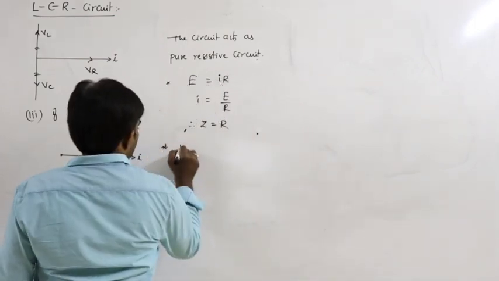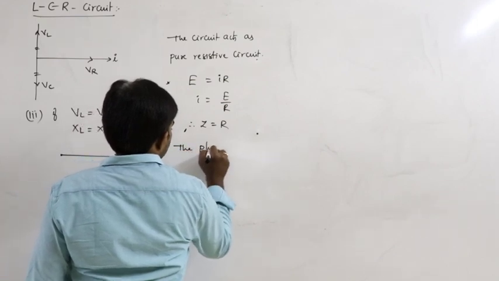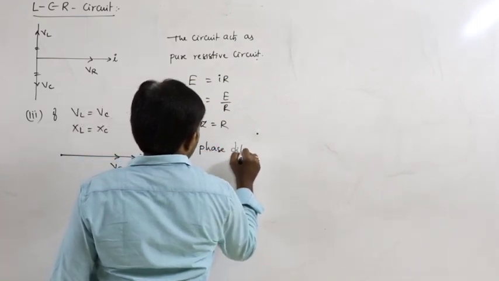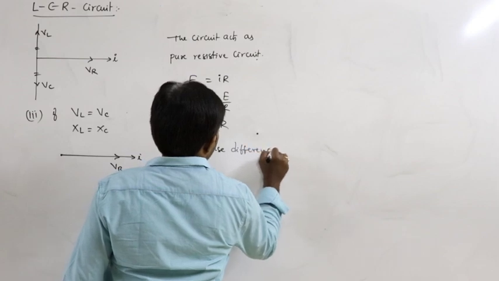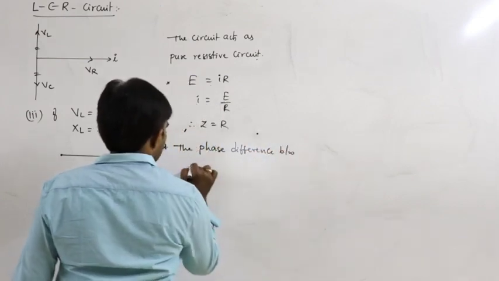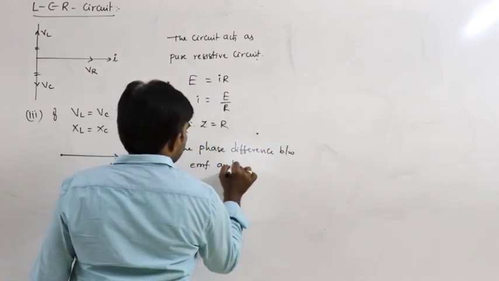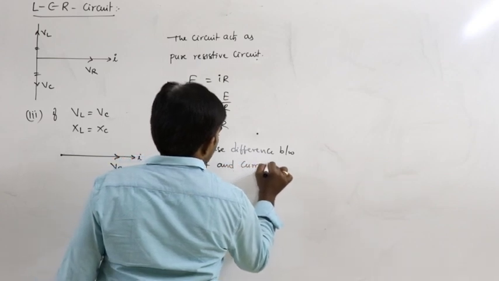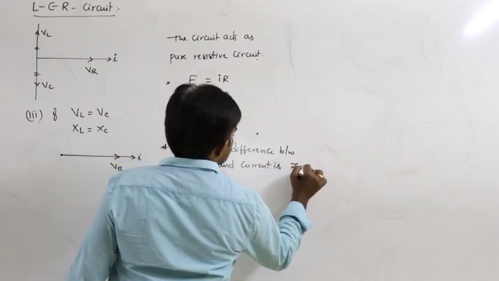Now the phase difference between EMF and current is 0.